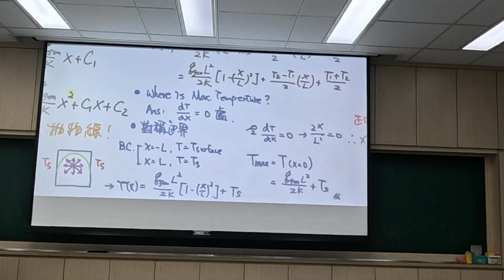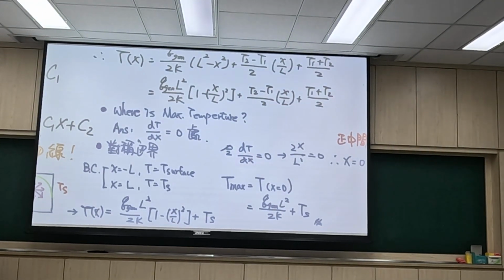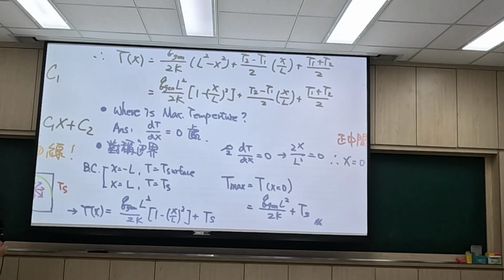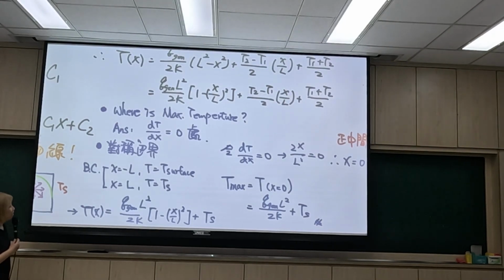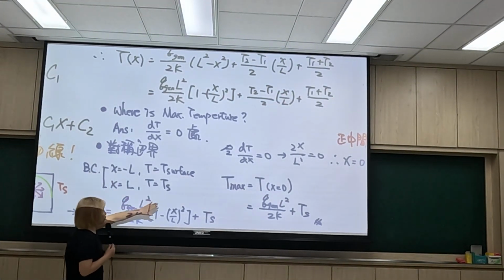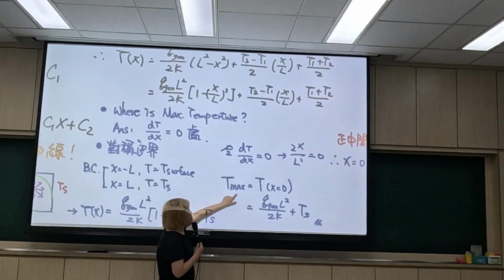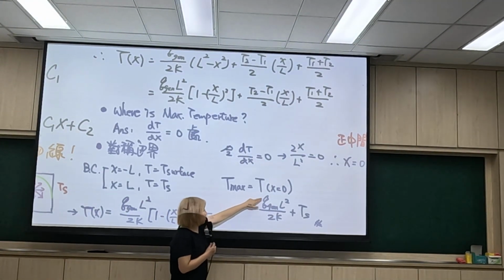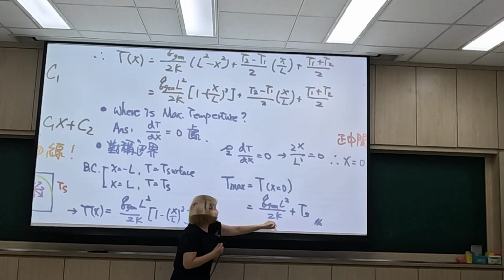So that's the boundary condition to find the maximum temperature. In this case, we have another boundary condition here. Then you can directly jump to the result: the T max will be at X equals 0.